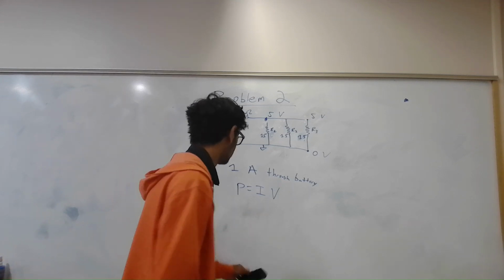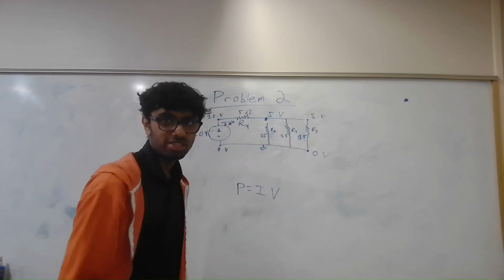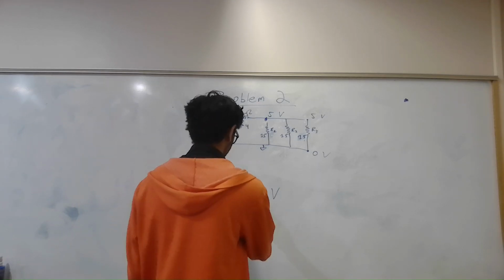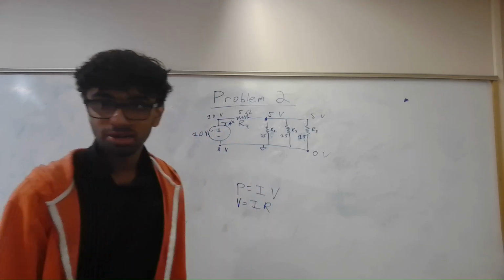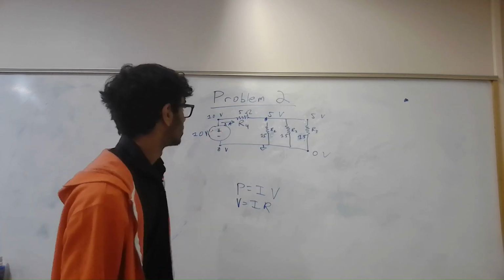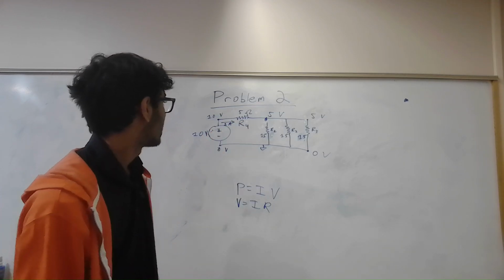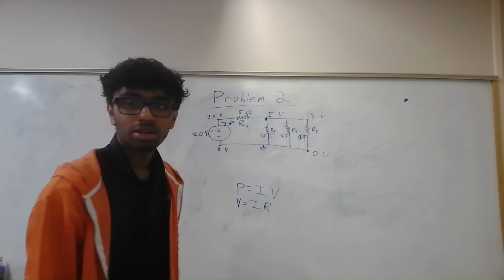So, yeah. Now, we know P equals IV, and we also know that V equals IR for a resistor. Okay? So, for this 5 ohm resistor, we know that the voltage drop is 5 volts, and we know that the current through it is 1 amp. Okay?